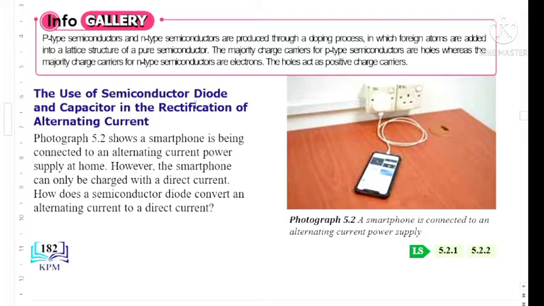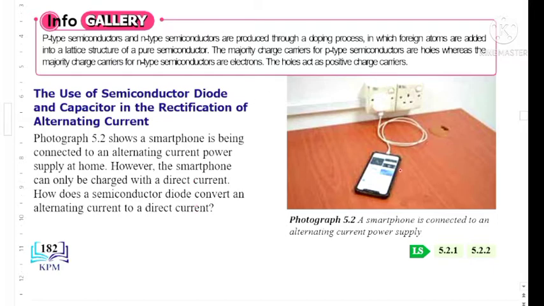The use of semiconductor diode and capacitor in the rectification of alternating current. As we know that because of the diode allow current to flow in one direction, this diode can function as a rectifier. The process involved to convert AC to DC, we call it rectification.